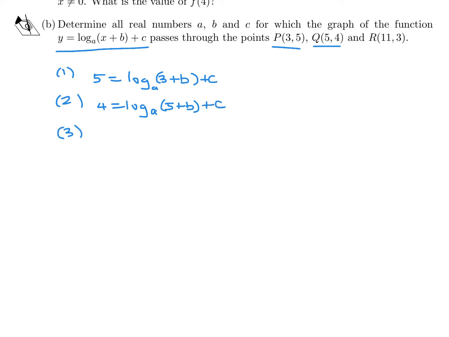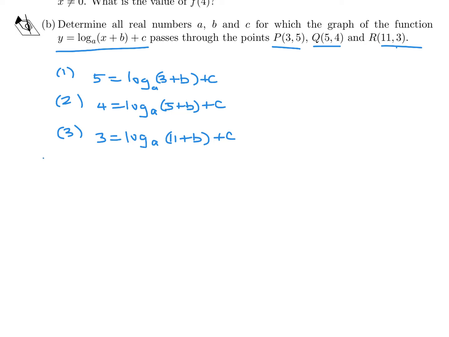And then equation number 3 using that one would be 3 is equal to the log of 11 plus b to the base a plus c. And then now we have to solve for a, b, and c, and it shouldn't be too hard. We just have to do some manipulation and use some log rules.